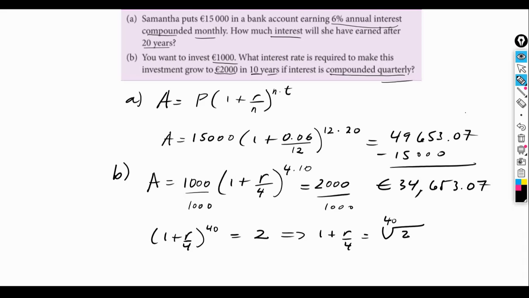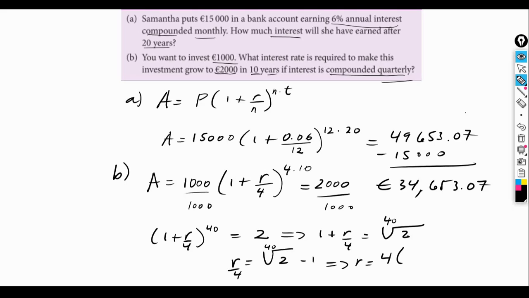Okay, so I'm almost there, right? Because now I know that the rate divided by 4 is equal to the 40th root of 2 minus 1. And then finally, the rate is going to be 4 times all this expression.